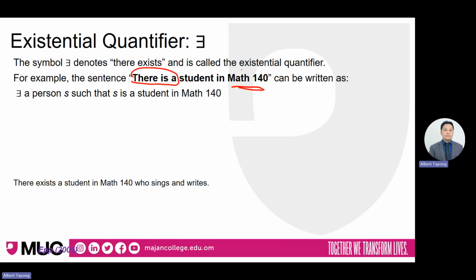Not all students are taking Math 140, of course. Or we can say there is a person S, a settable student, such that S is a student in Math 140. So we let S equal the set of all students.